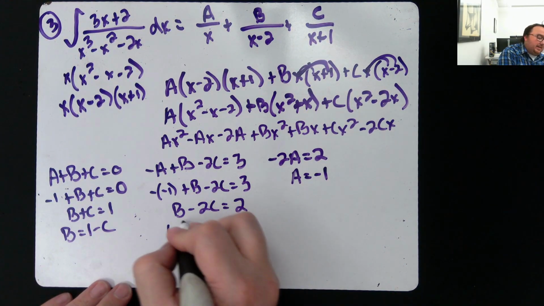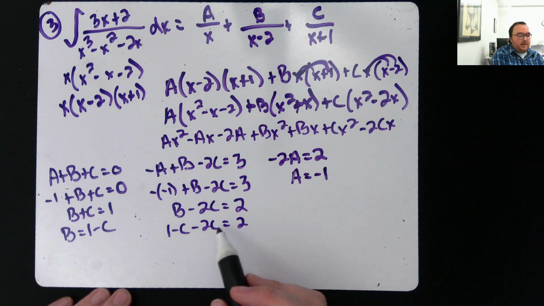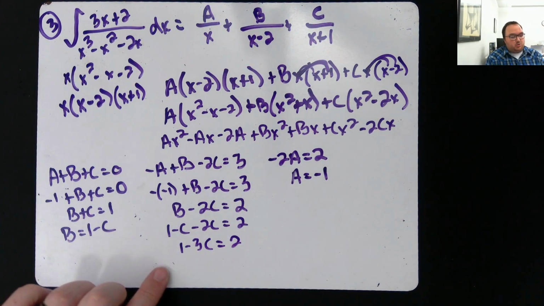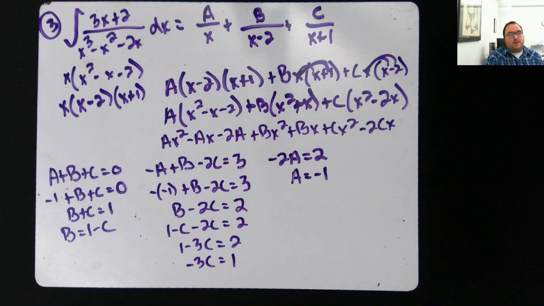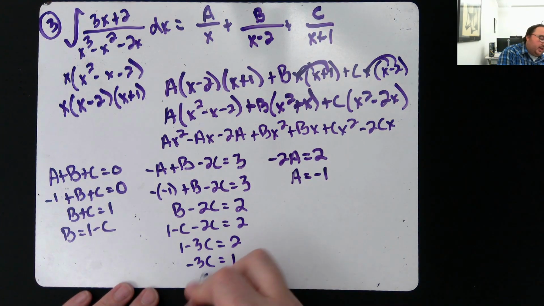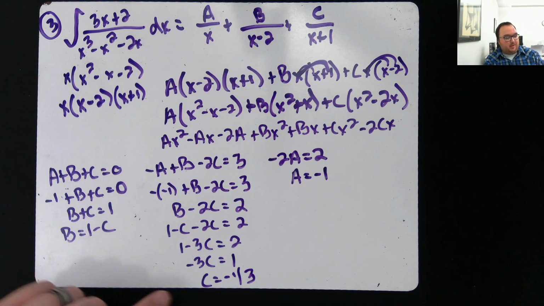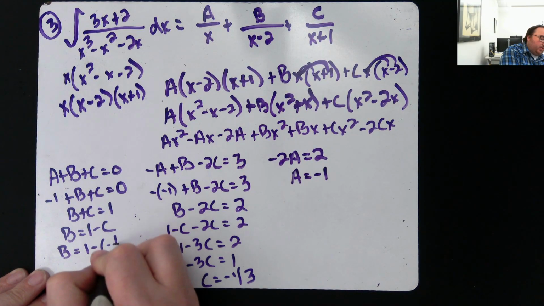So that means 1 minus c minus 2c is equal to 2. Negative c minus 2c is negative 3c. Subtract 1 gives you negative 3c equals 1. Divide by the negative 3 gives you negative 1/3. Like that, and over here, b is equal to 1 minus negative 1/3.